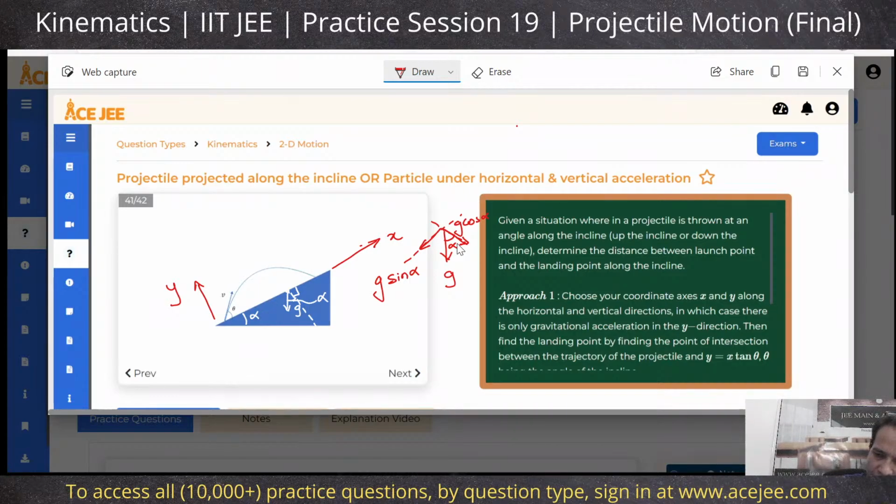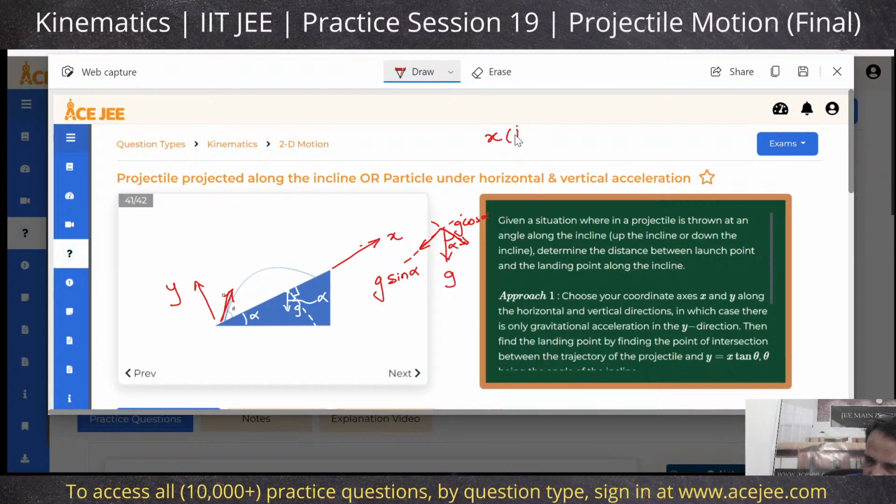So how would I write the kinematic equations, the two independent kinematic equations for x and y? For x, I'm not going to write vx equals ux minus g sin alpha t. Rather, I would focus on the x(t) equation.